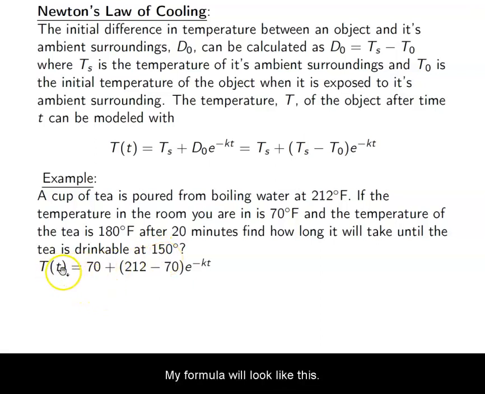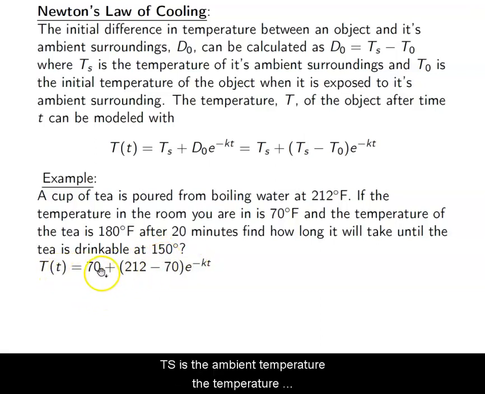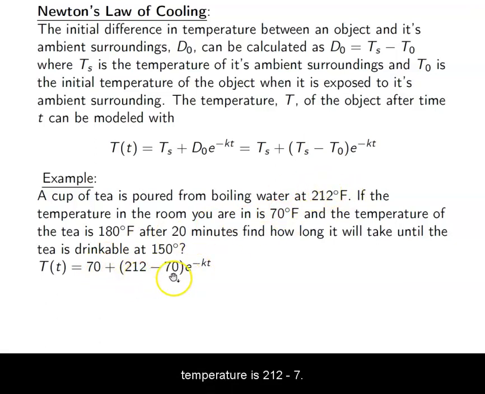So my formula will look like this, right? Ts is the ambient temperature, the temperature of my surroundings, the temperature of the room. The difference between my object and the room temperature is 212 minus 70. I don't know what K is, right?